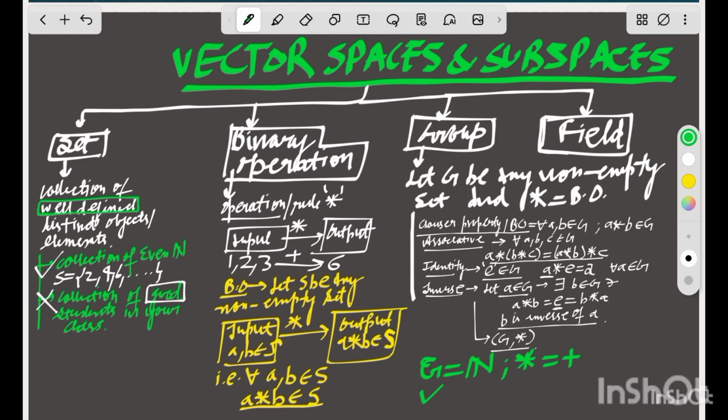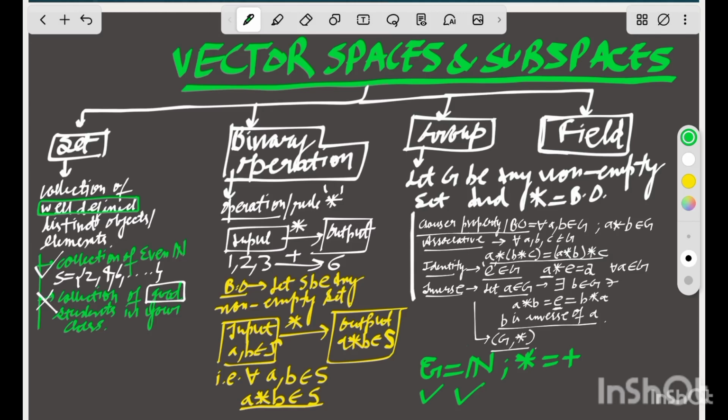Since addition satisfies the associativity, this implies the second property is also satisfies. That is, if we have A plus B plus C, first we add B and the C and then add A, or if we add A and the B first and then add C, both the result should be equal.